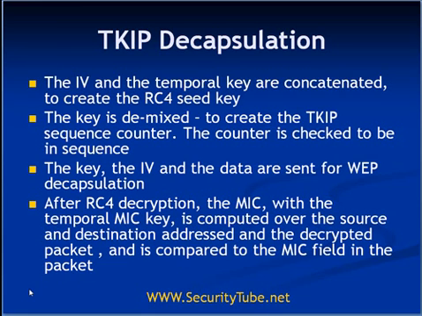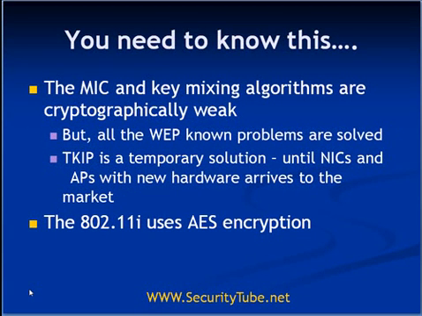Now, a few very important things that you should know. The MIC and key mixing are not very strong algorithms, cryptographically at least, but all the WEP related problems like small IV, retransmission, etc., are taken care of in TKIP, and TKIP is a temporary in-between solution. It's a quick fix for WEP, but it's not a long-term solution.